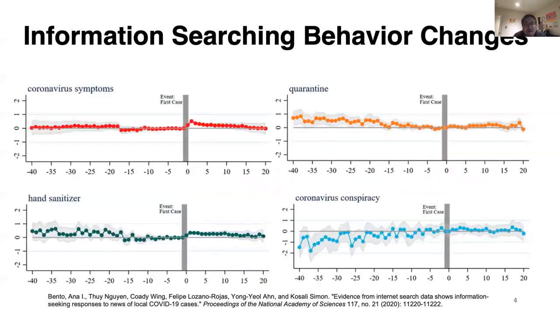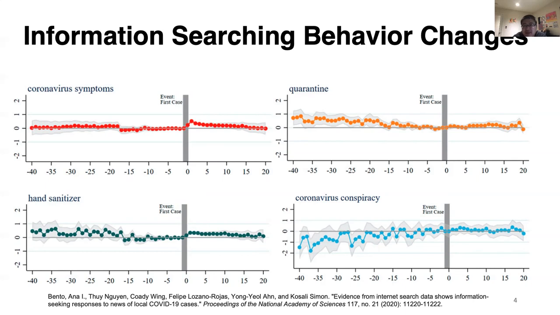These figures are also from that study, showing the time-varying effect of the announcement of the first COVID-19 case in the state on searches for symptoms and treatment, hand sanitizer and diagnostic tests, coordinated responses such as quarantine, and narratives that undermine public responses, such as coronavirus conspiracy.